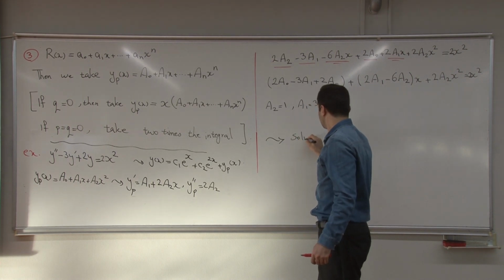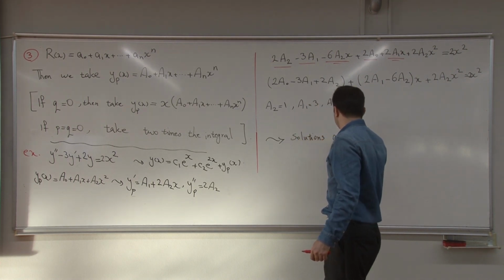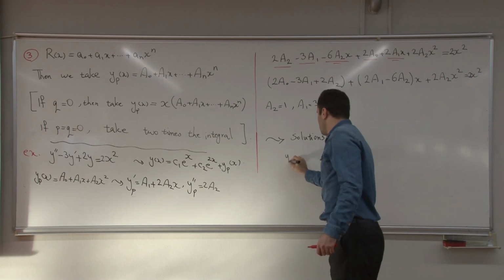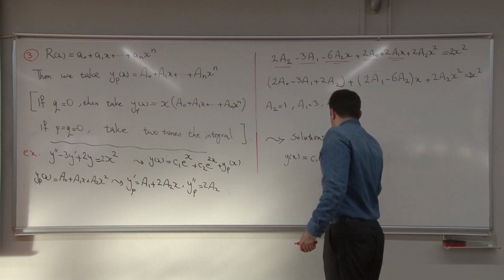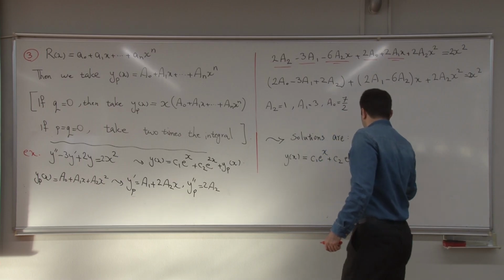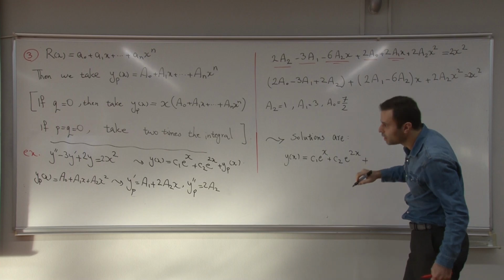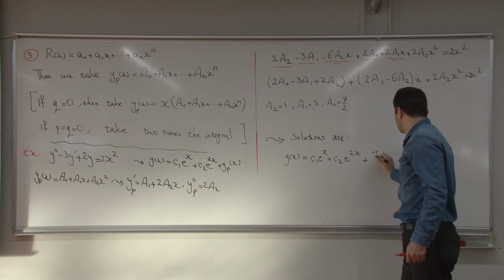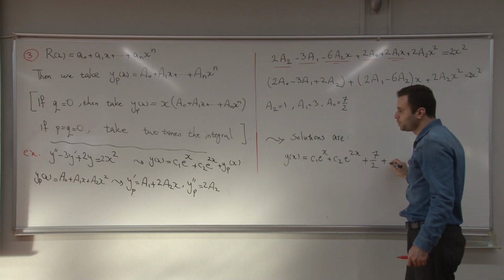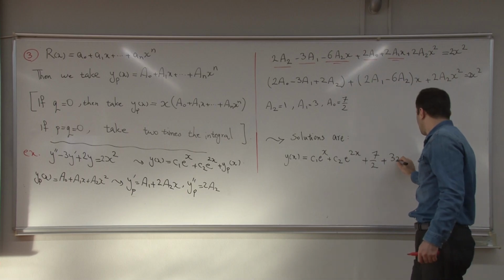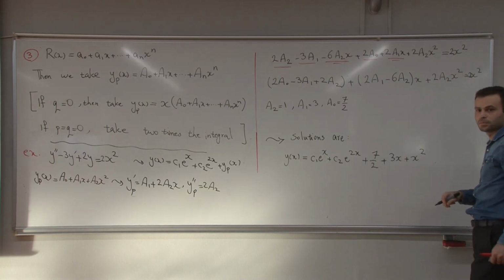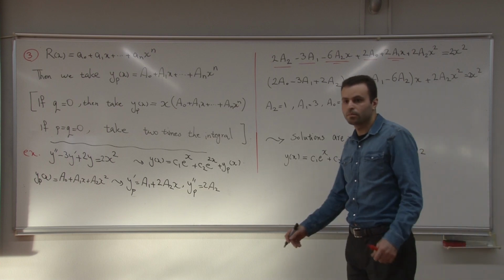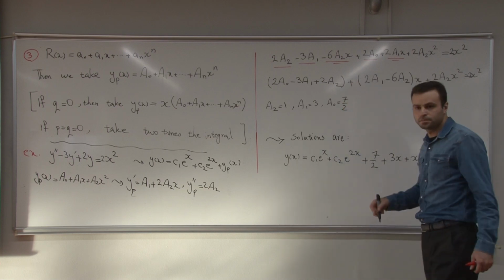Solutions are y of x equal to c1 e to the power of x plus c2 e to the power of 2x plus my a0, which is 7 divided by 2, plus 3 times x plus x to the power of 2. Good?